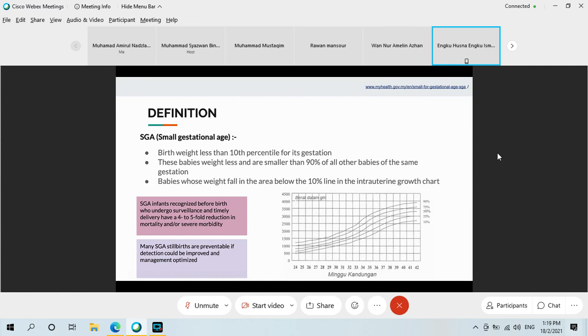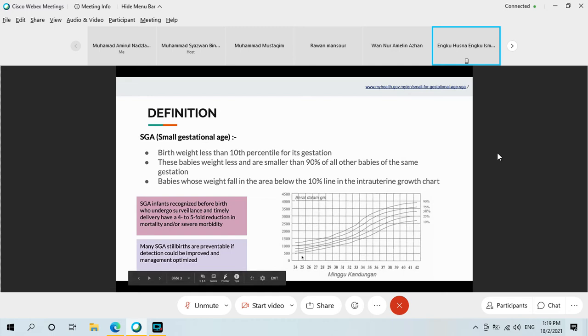Let's say you have started the charting from 28 weeks and then you have subsequent scan at 34 weeks and then subsequent scan at 36 weeks. So you should see a growing chart lah bila you plot. So kalau SGA, small for gestational age, you can see that baby is actually growing below the 10 centile tu, yang 10% tu.